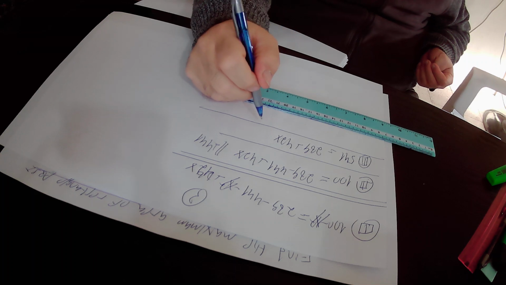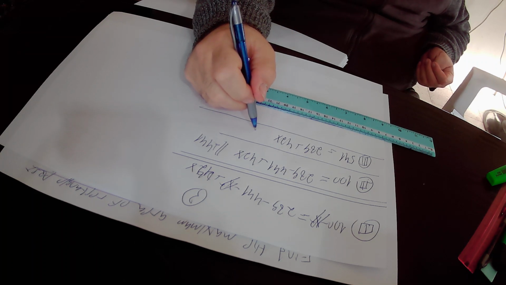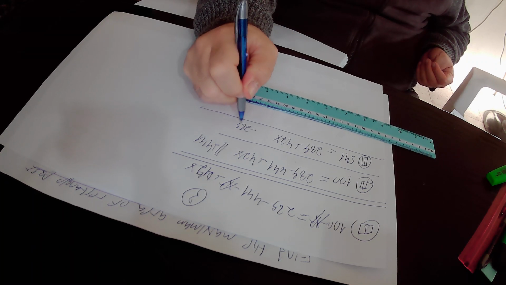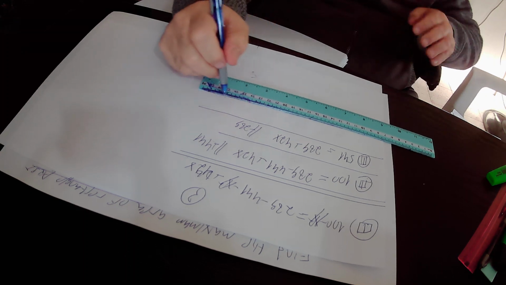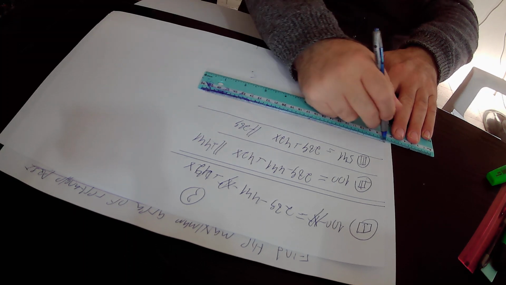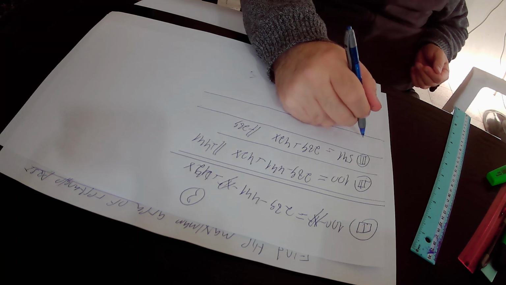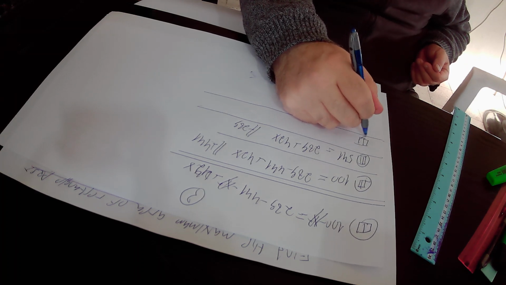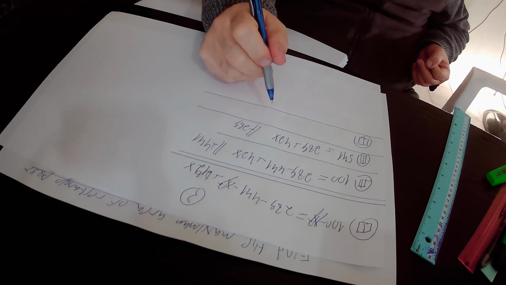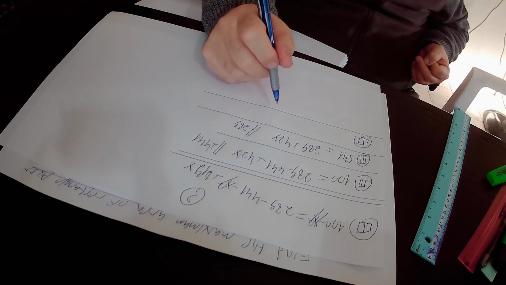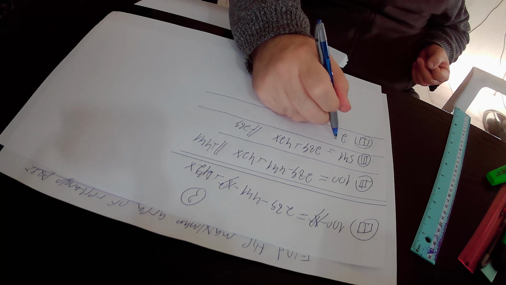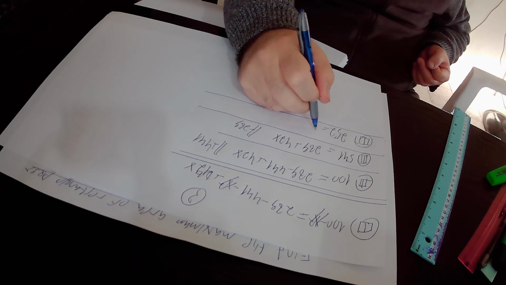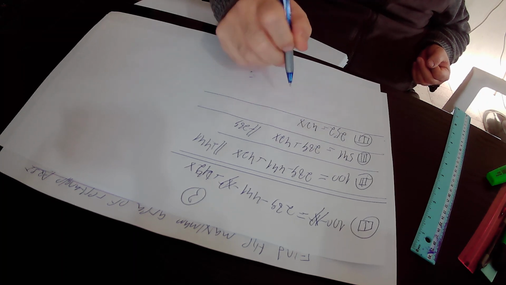We subtract 289 from the equation, and we get 541 minus 289 is 252, equals 42x.